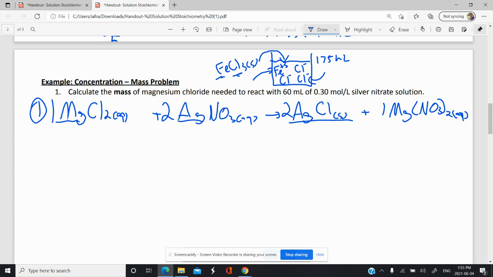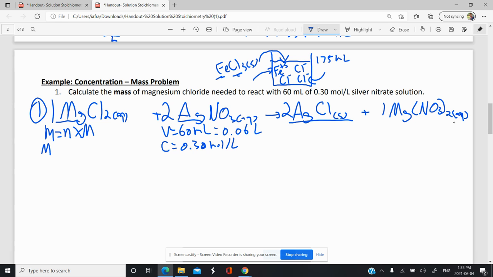And I'm going to write out all the information that I have. So I have 60 mL of silver nitrate. So volume is 60 milliliters or 0.06 liters. And my concentration is 0.30 moles per liter. Now, they're asking me for the mass, which is moles times molar mass.